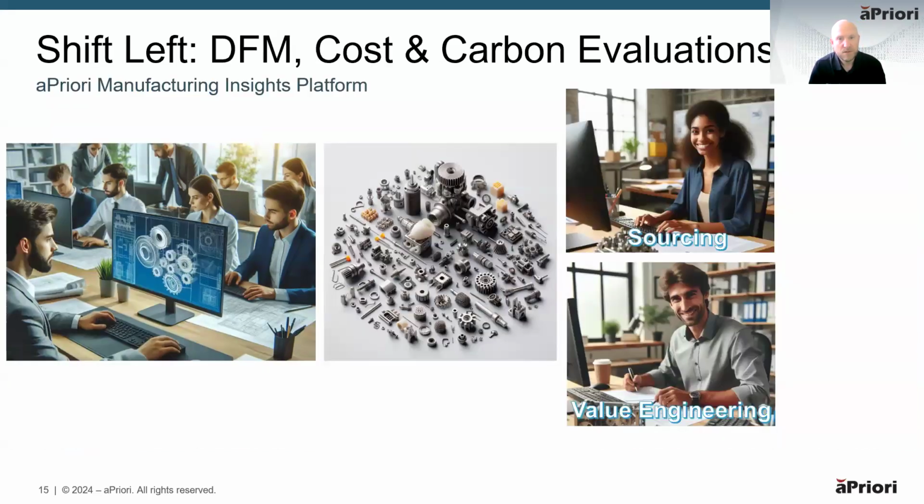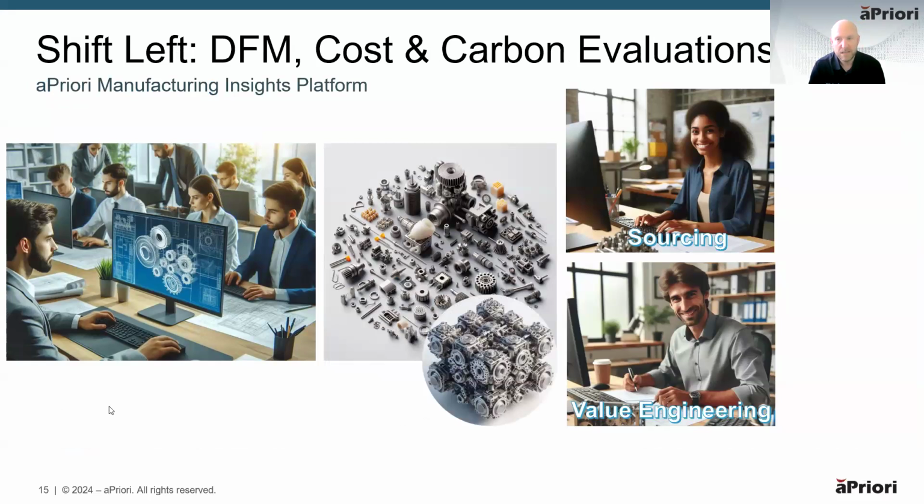However, if you do things earlier, you can have the design engineering team actually creating their own costs and getting visibility of their own costs. And that way, the most expensive complex parts can be looked at by the value engineering team or a supplier or other collaboration partner.